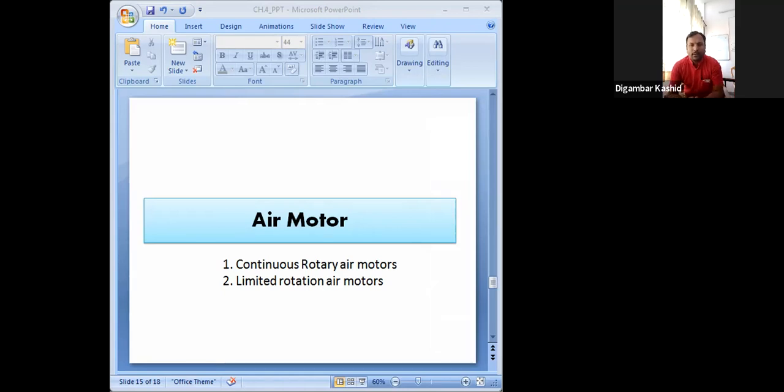Now the first basic question is, what is meant by an air motor? Please remember, rotary pneumatic actuator and air motor are the same. The function of this air motor is to convert the pressure energy of the fluid, and here the fluid is compressed air, into rotary mechanical energy.